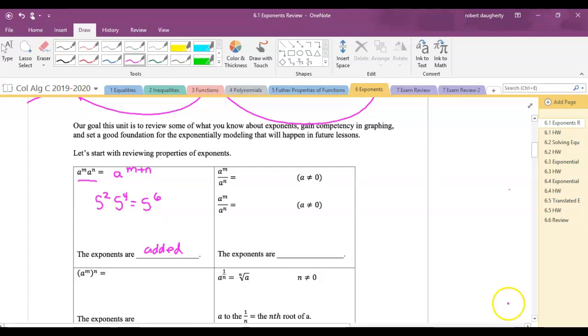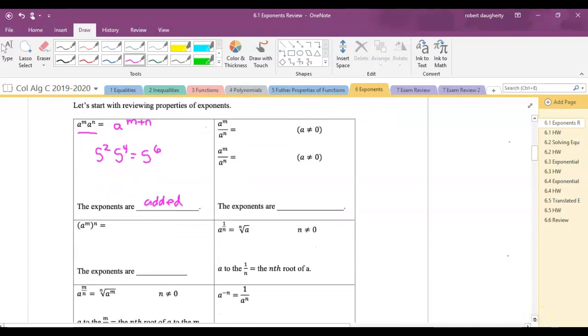Just under that, and this is where sometimes people get the two of these confused, if I have a to the m and I raise that to the nth power, this is a to the m times n power. These exponents are multiplied.